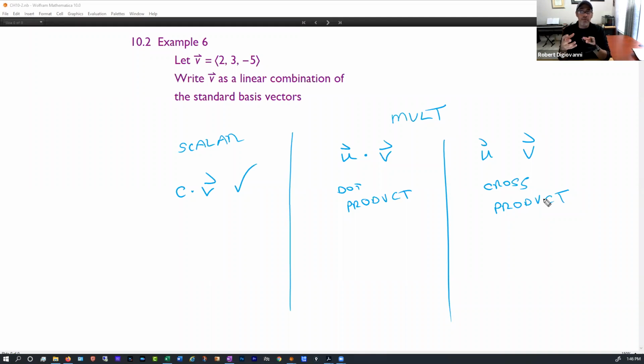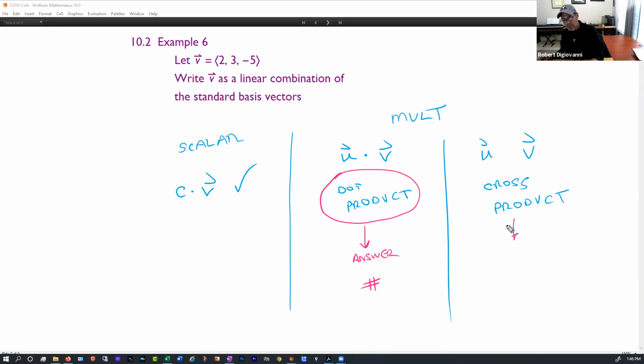Even when we were dealing with functions, when you multiply two functions, you get a function, right? You don't multiply two functions and then ask me, oh, well, what type of multiplication? This is the first time we've ever run into something like this, where we're taking two vectors and we're going to have two different types of multiplication. One's called a dot product, the other one's called a cross product. We're going to find, and we'll talk about the dot product today, that when you do the dot product, your answer is a number.